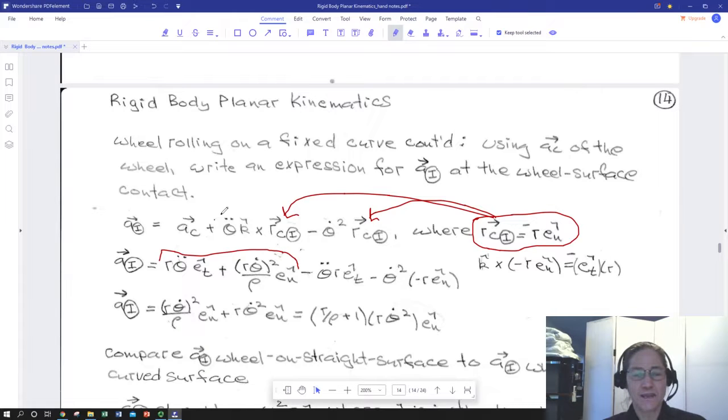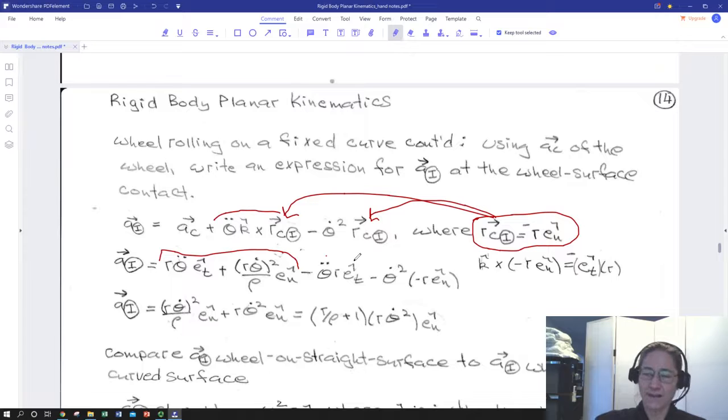If we execute the cross product and we add this term, we end up getting these other two terms. So k hat crossed into negative r e n hat, we're going to end up with something in the tangential direction. K hat cross e n, your thumb's going to point in the tangential direction.